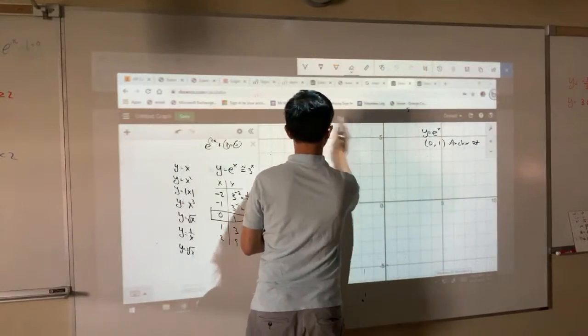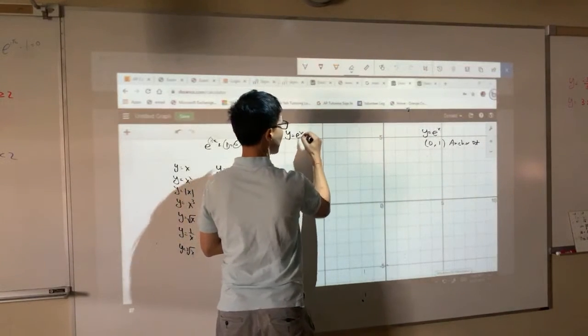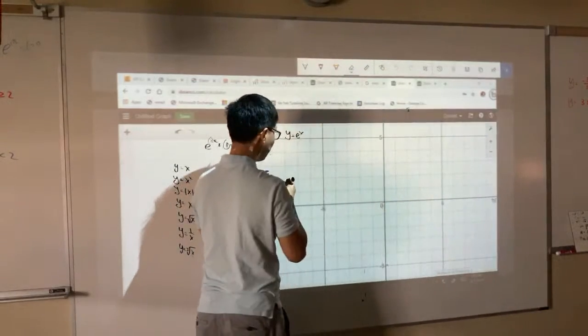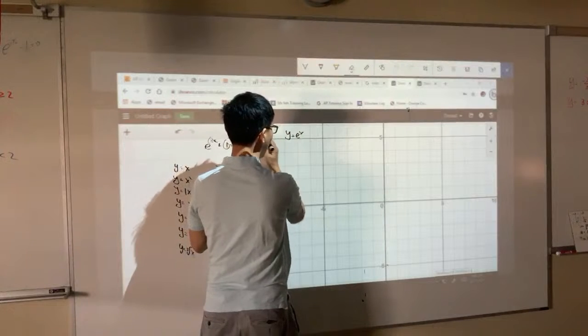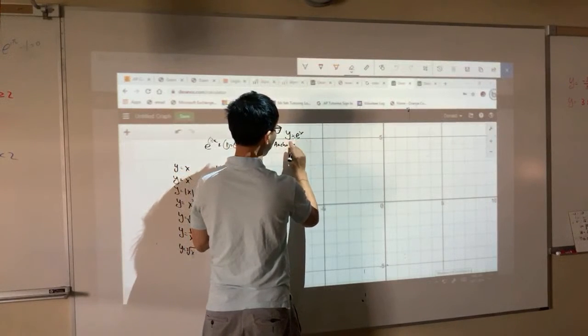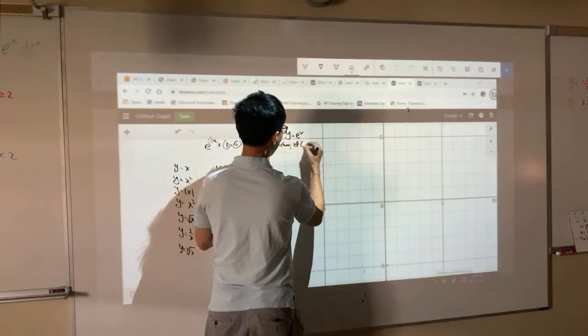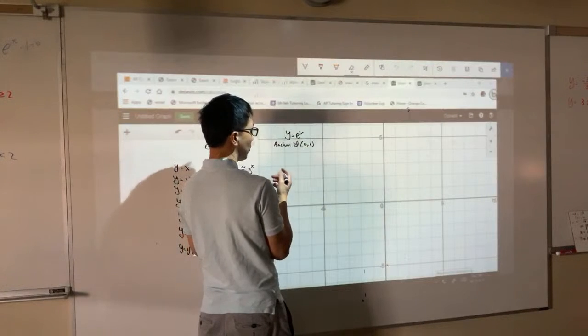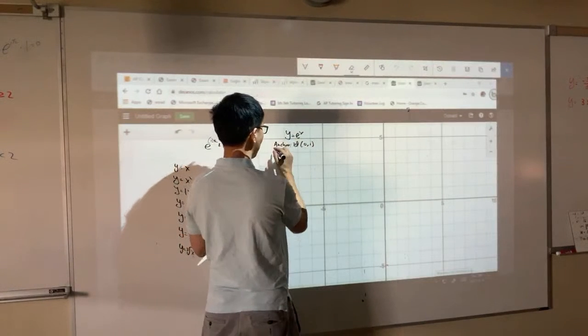That's the reason why I want to do that. Y equal to e to the x. Okay. And this is the anchor point, 0, 1. What else do I need to know? Well, I need to know the domain and range.